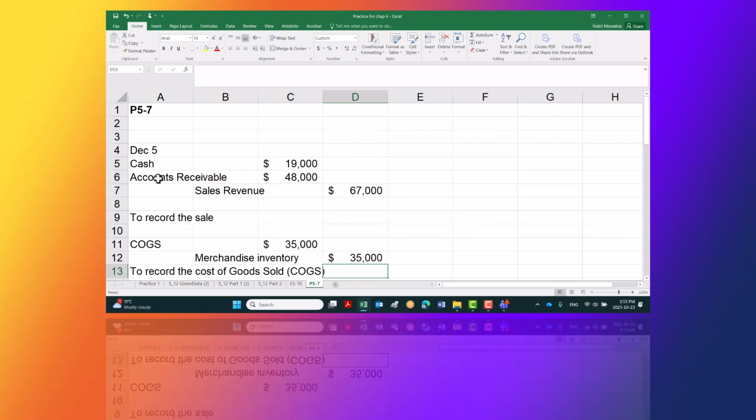The sale happened on December 5th. Payment was done on December 12th, which means we are inside the period. So our client deserves to get the discount, which means the cash amount we're going to collect is not the full $48,000, minus the 2% discount, because they paid within the 10 days. They have until December 15, they paid on December 12, so they deserve the discount.